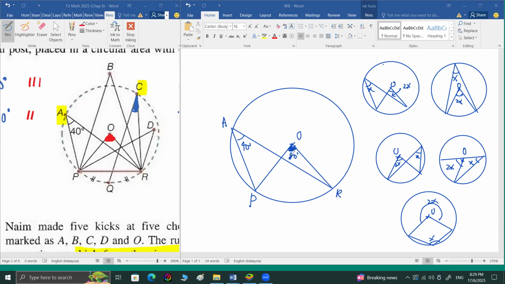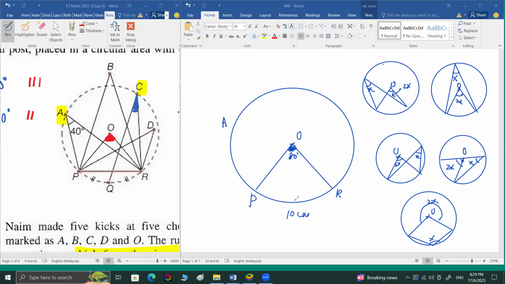So you know how I get 80 already? Okay, so now, from this 80, all of you, is it okay? From this 80 now, I delete this. From this 80, you see this line, PR. Let's say I make it 10 cm, can you see?